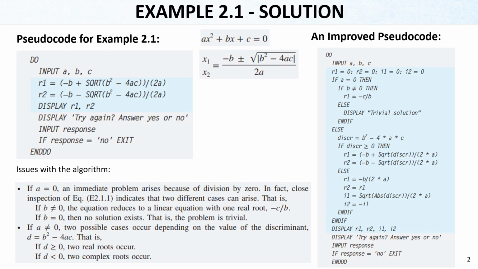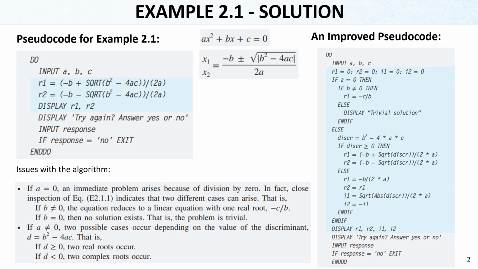So here is the solution for the quadratic root finding example. The pseudocode for the simplified version for this example is that we start with inputting a, b, and c in a for loop, or do and undo loop actually, with the condition of try again, yes or no. We calculate two roots with the formulation as we wrote here, and we display the results.